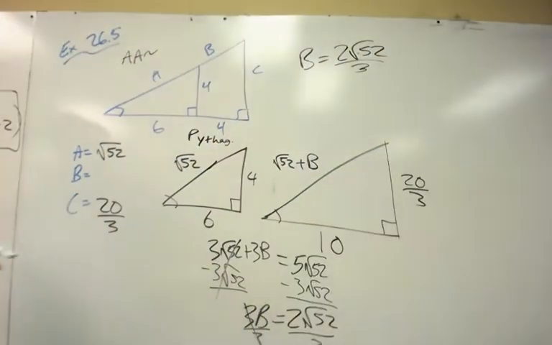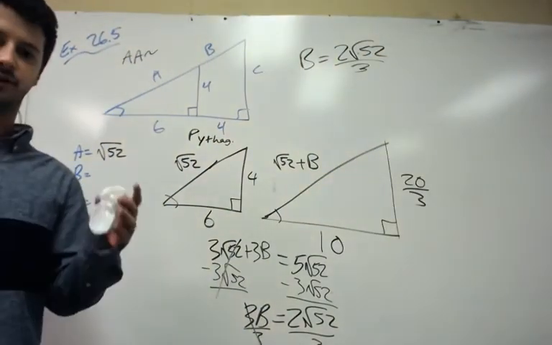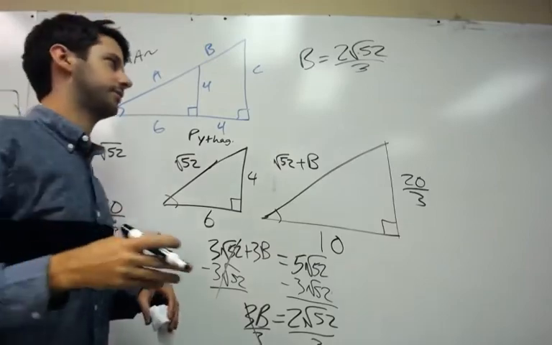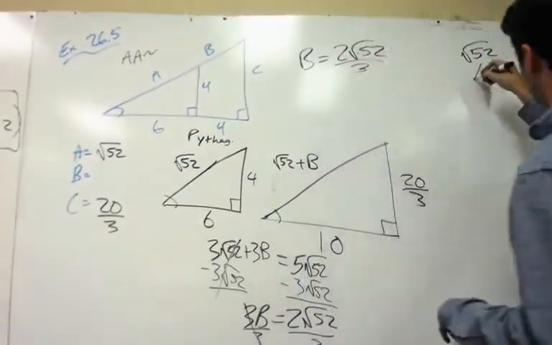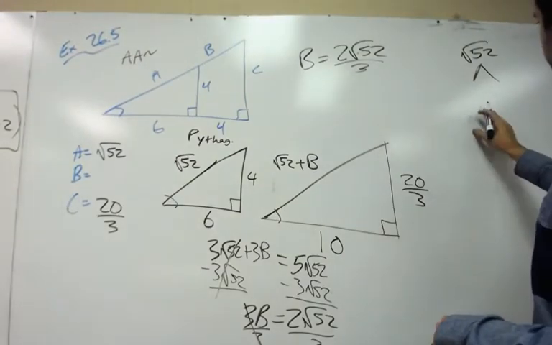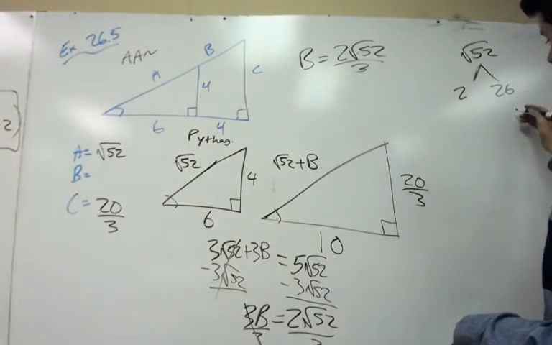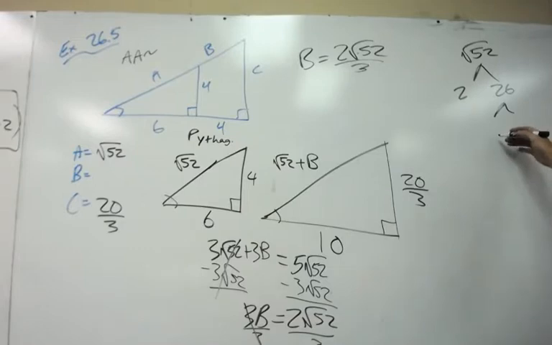Now from here, unfortunately, we cannot call that our final answer. We actually have to simplify the radical 52, but it'll take no time. Factors of 52, you got 2 and 26, and then 26, 2, and 13. So we have 2 2's, and the radical 13 remains under the radical.